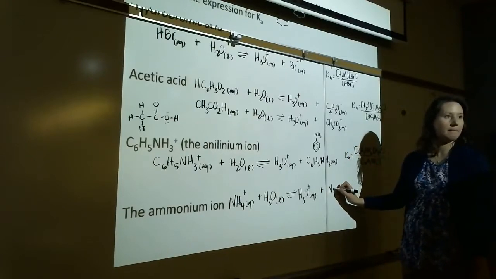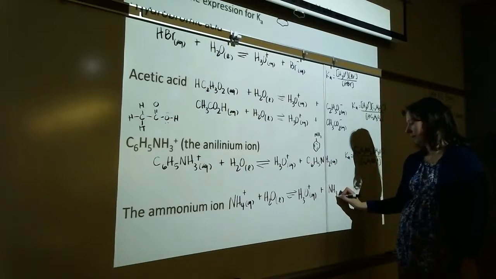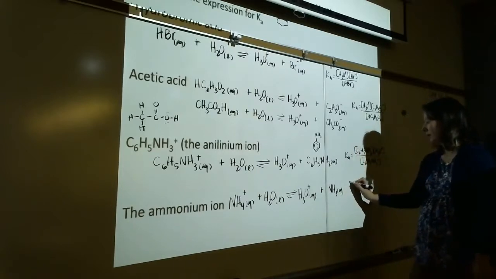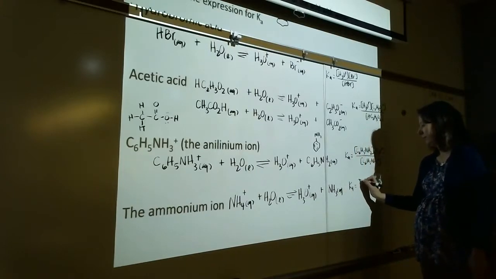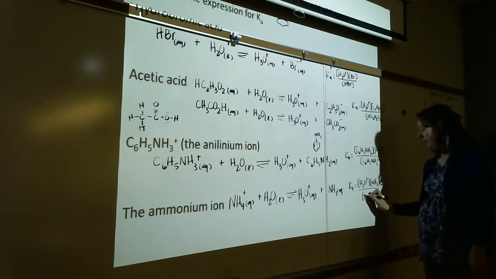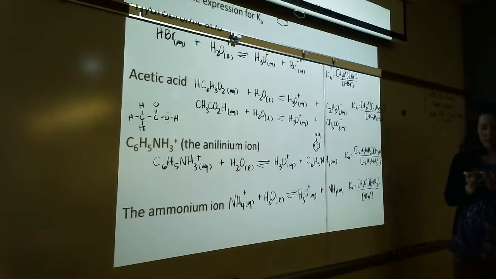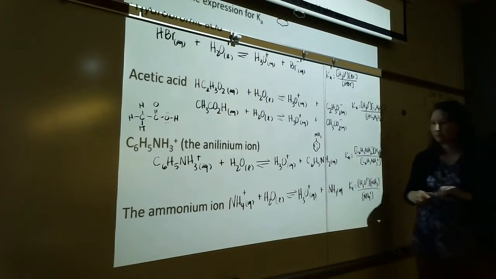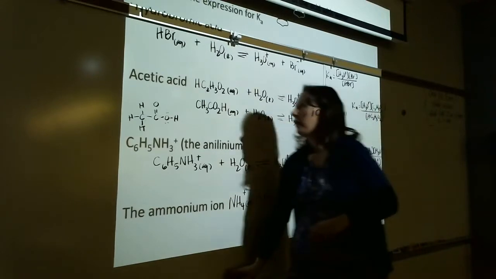NH3. Right, so Ka will be H3O plus and NH3 over NH4 plus. Do we agree on how we did these? If you made a mistake, you see you made it. All right.